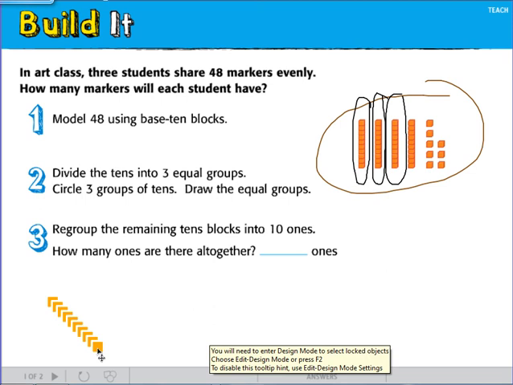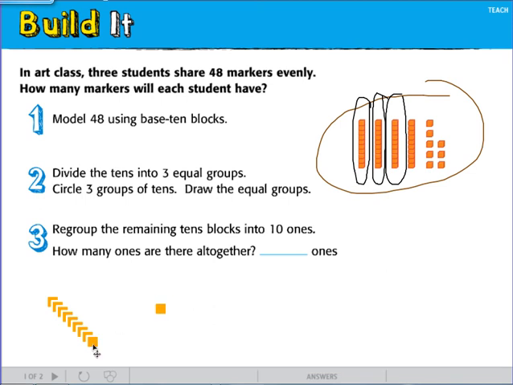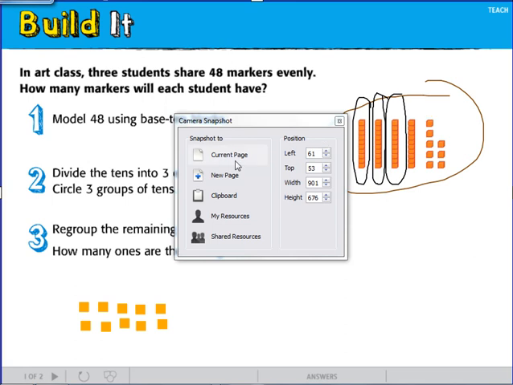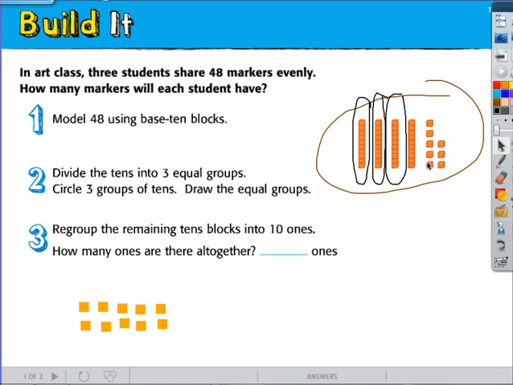So down here, what they want you to do is take your base 10 block and break it up into 10 blocks. So here are my 10 blocks. 1, 2, 3, 4, 5, 6, 7, 8, 9, 10. So these 10 go along with these 8 over here.